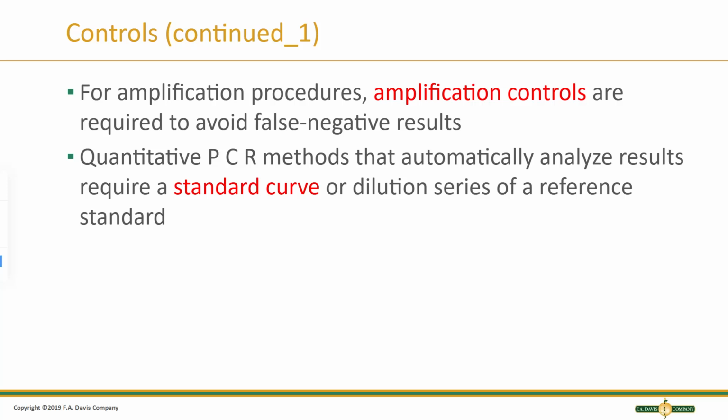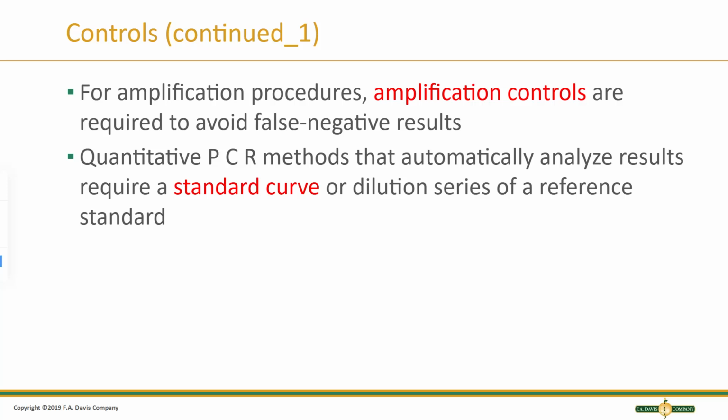If we try to make the copies and no copies were made, and we run it out on a gel and we don't see a band, then we know that there was nothing to copy. So amplification controls are required to avoid those false negative results that may happen.